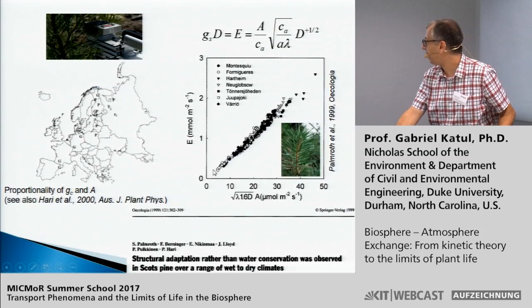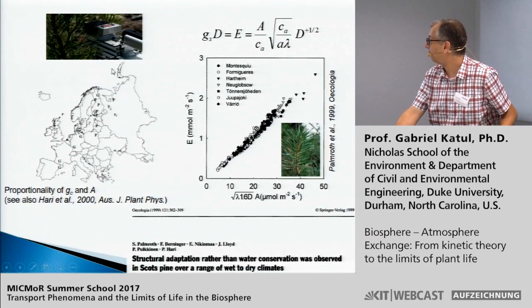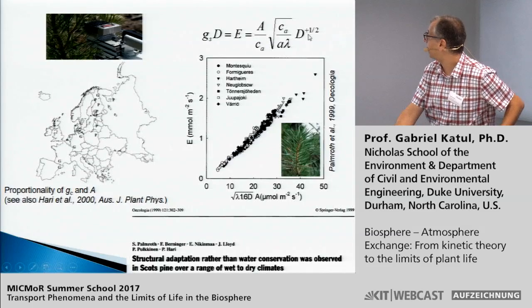And when she plotted transpiration rate on the y-axis against square root of vapor pressure deficit multiplied by 1.6 multiplied by this constant, lambda, and against photosynthesis, the data sets seem to have collapsed all on the same line, despite the fact that they have varied quite a bit in terms of climatic gradient. And that was somewhat an effective support for the fact that if stomatal conductance is multiplied by D, stomatal conductance varies as D to the -1/2 multiplied by D. So in fact, based on these optimality results, the transpiration rate should vary with the square root of vapor pressure deficit.